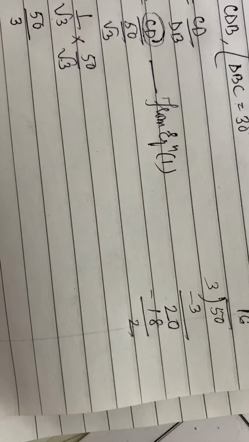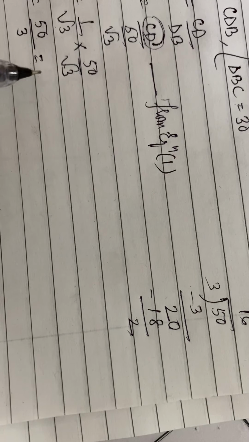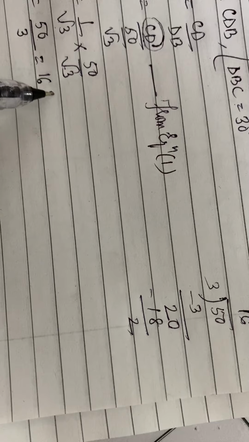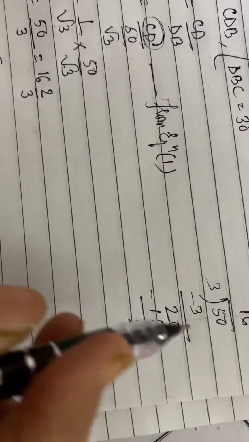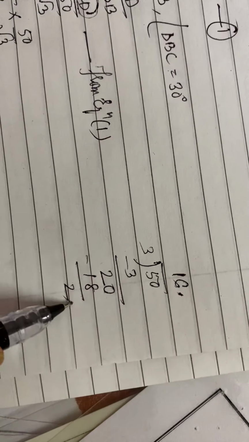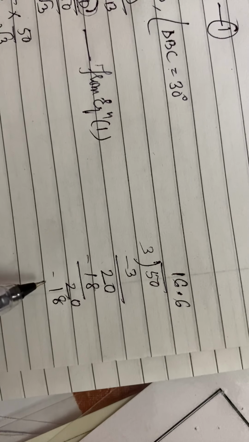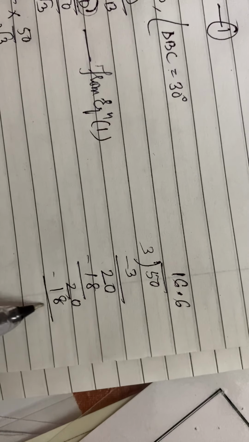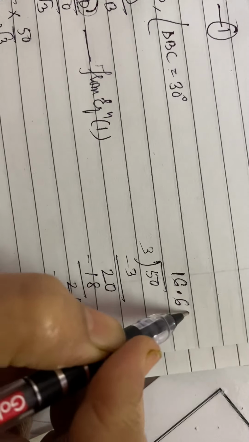Now you can write this as a mixed fraction, that is 16 integer 2 upon 3. Or you can further put a decimal point here and write 0. So again you will get 6 3s are 18. So we have 6 as the recurring number over there. So again 16.66. This will go on repeating.